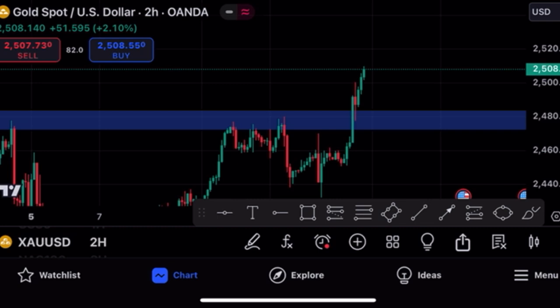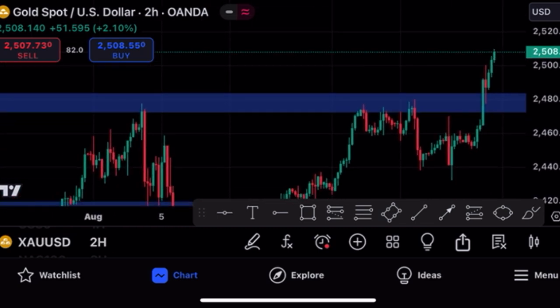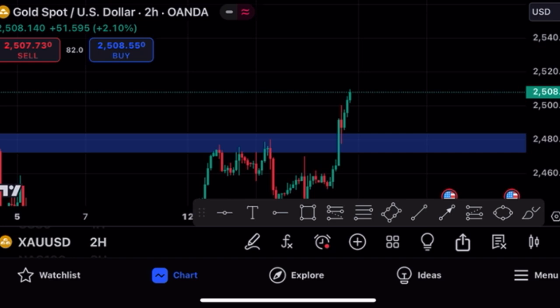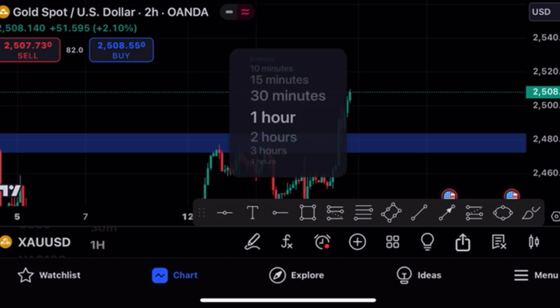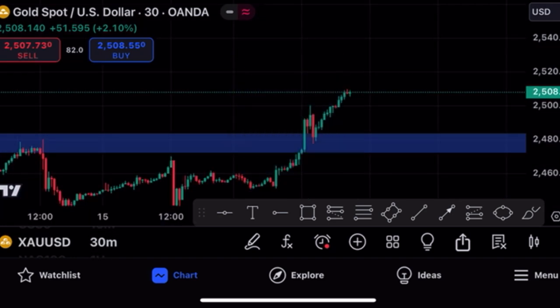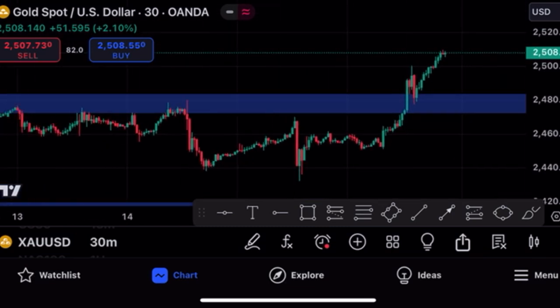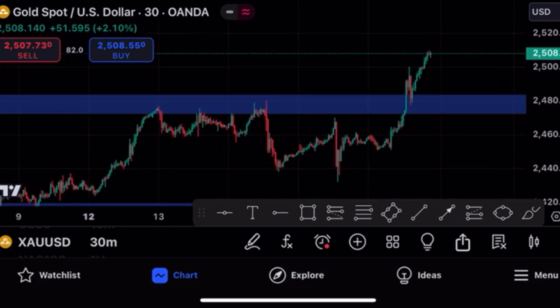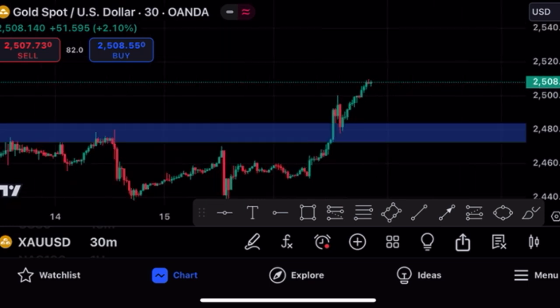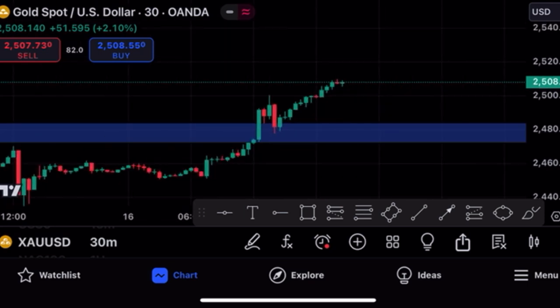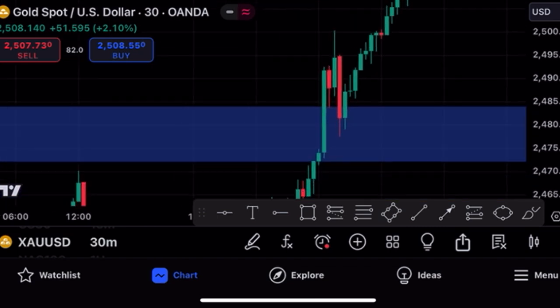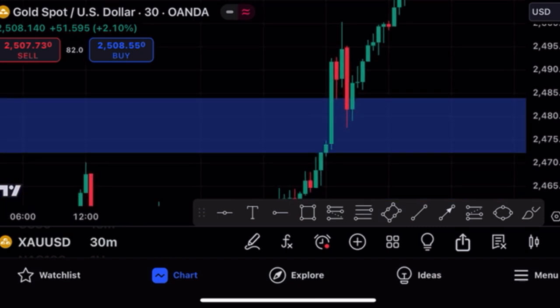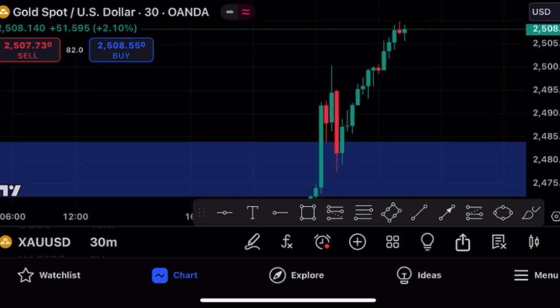But as you can see, we shot through that, so there were probably many people who held their trades, especially if they scaled down to a 30-minute time frame to see that all price did in this zone was simply retest to make sure that it wasn't going to collapse back down into that 24.40 area. And as you can see, after we retested that 24.80 area, we shot all the way up to 25.08, and that's where price is currently sitting.